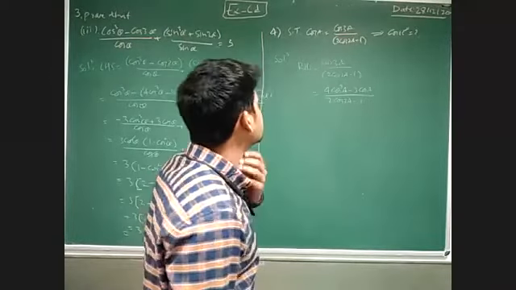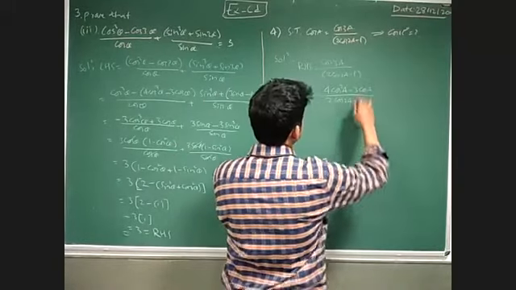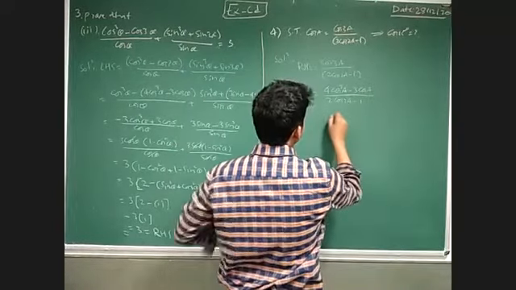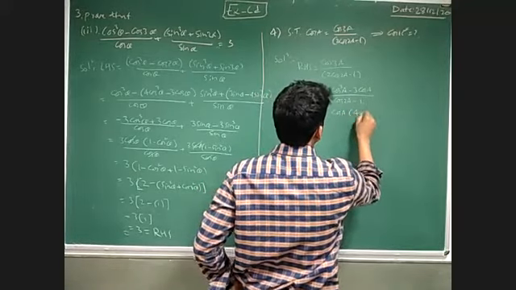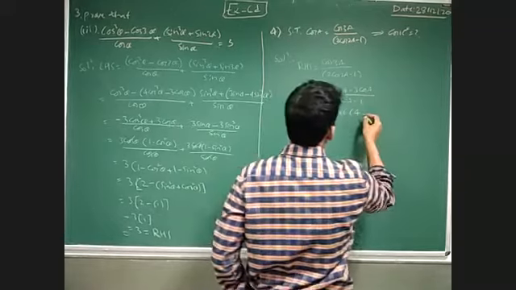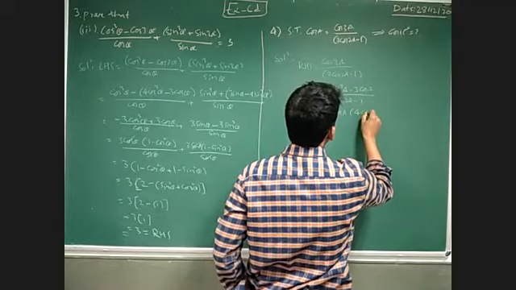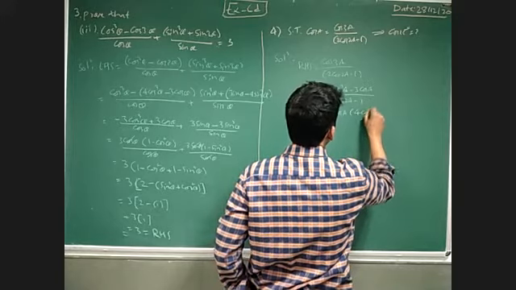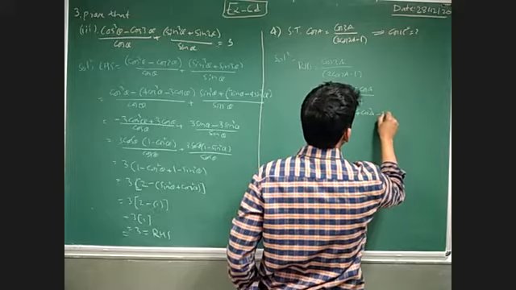Now just take cos A common from here, so you will get cos A times 4 cos square A minus 3.